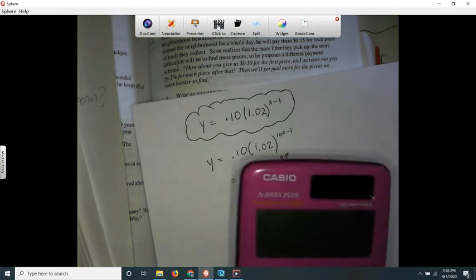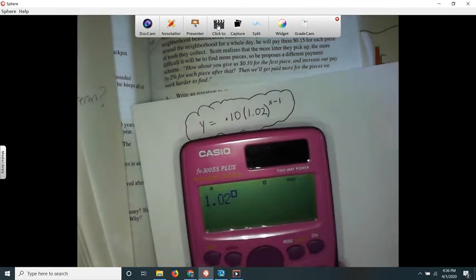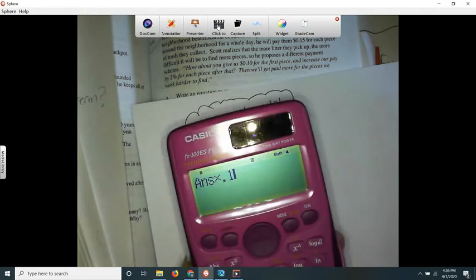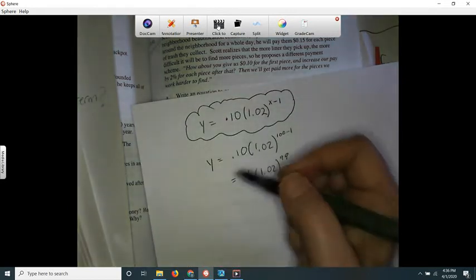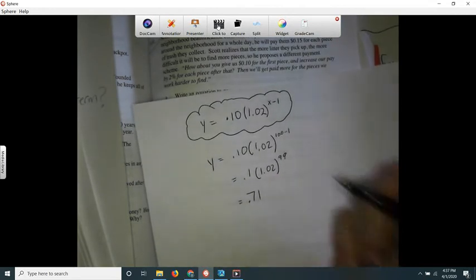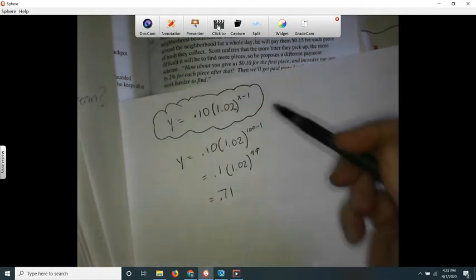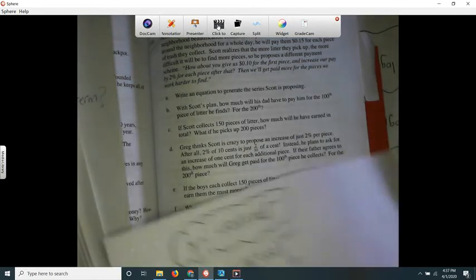Okay. 1.02 raised to the 99th equals that times 0.1. So about 71 cents. So he would get 71 cents for the 100th piece. And then I don't want to spend the time to put the 200. I just go 200 minus 1, and I do the same procedure for the 200th piece.